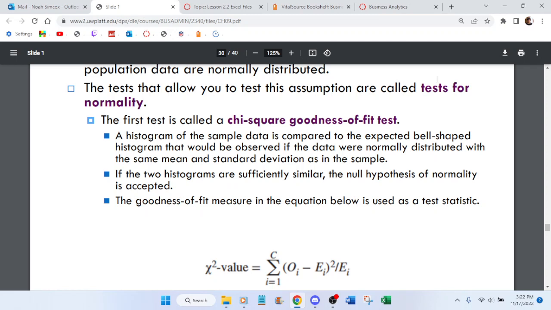A histogram of the sample data is compared to the expected bell-shaped histogram that would be observed if the data were normally distributed with the same mean and standard deviation as in the sample. If the two histograms are sufficiently similar, the hypothesis of normality is accepted if the goodness of fit measure in the equation.